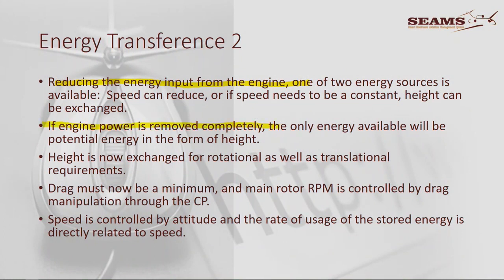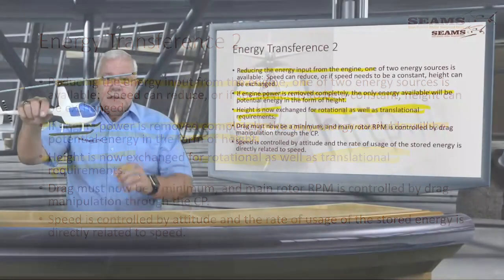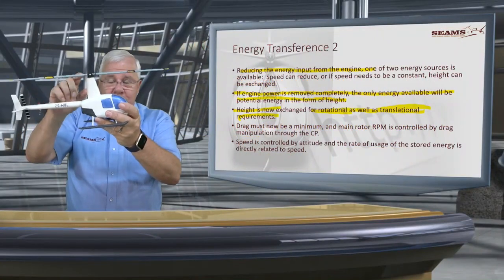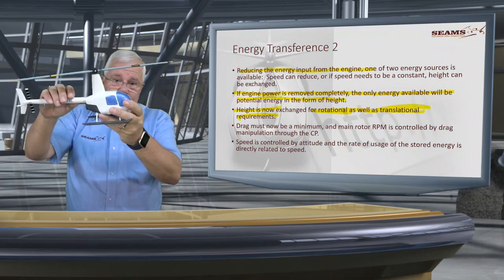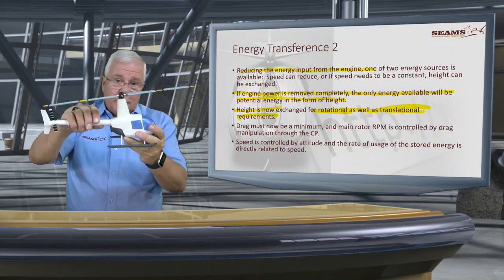Energy power is removed completely. So let's say we take the energy completely away, then you've only got potential energy. Now height, listen to this, height is now exchanged for rotational as well as translational requirements. So now the engine is taken away, and we cannot just go forward, we've got to go down.